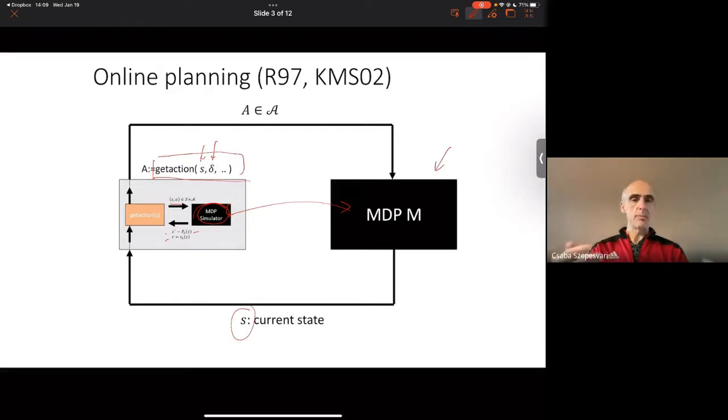This is how, piece by piece, this planning algorithm, implemented under this function get action, can gain information about the MDP, and eventually it should stop querying the simulator and produce an action. Once that action is produced, it is sent back to the environment, the loop is closed, and in this way your planner implements a policy.